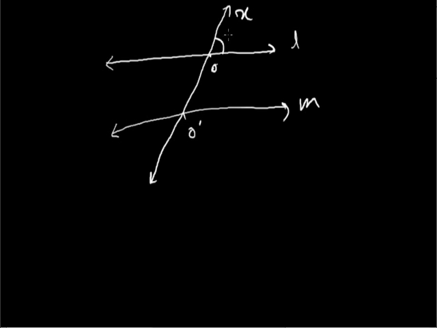I'll name these angles as 1, 2, 3, 4, 5, 6, 7 and 8. Now according to the definition of corresponding angles, it is the pair of angles whose one arm lies on the same side of the transversal and the other arms of the two angles are directed in the same direction.